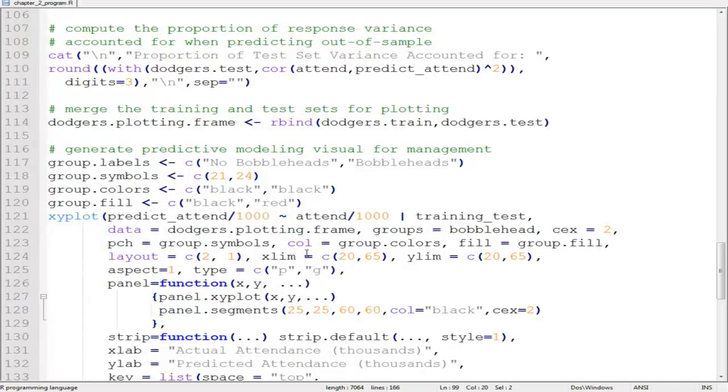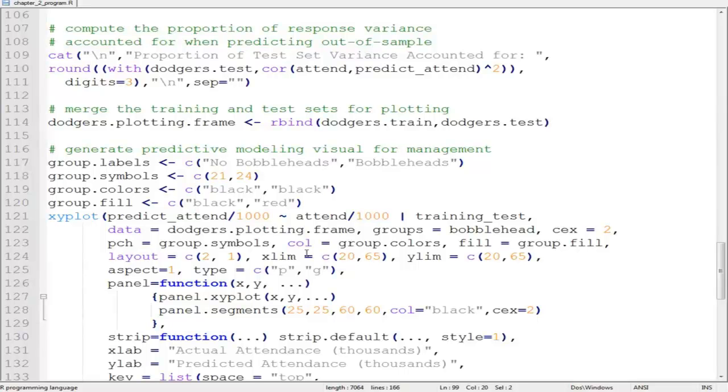One thing he wants to do is get a number for how important bobbleheads are. How much will they increase attendance? So all we want to know is, what was this coefficient? If this coefficient was 10,000, remember bobbleheads is a 0-1 variable.